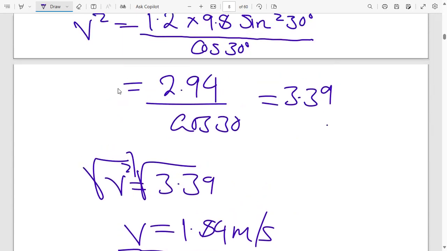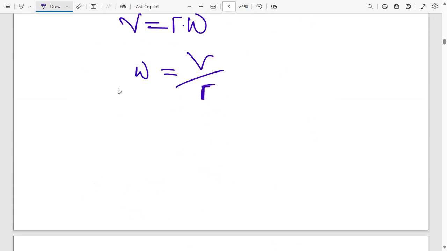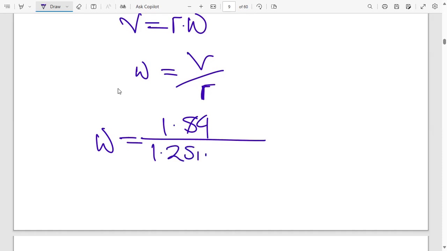We found our R to be 1.2 sine 30. So W is going to be equal to 1.84 divided by 1.2 sine 30 degrees. And what will be the value of that?